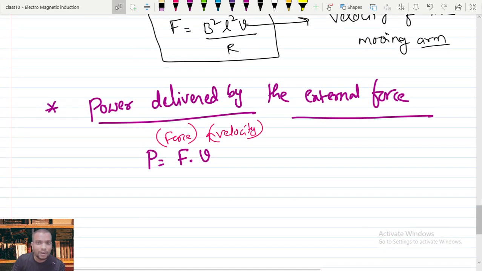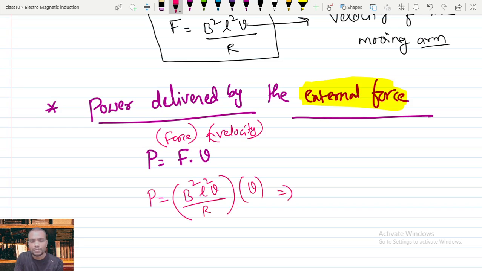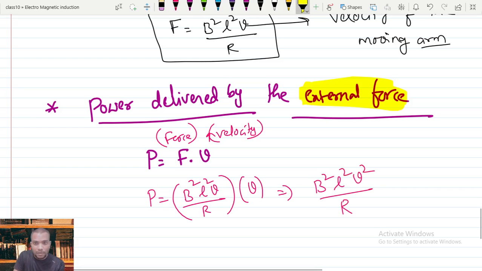Here, the power delivered by the external force is not coming from the induced current or anything else. It is the power at which you are pulling. So power P equal to the product of force times velocity V. We got the force F equal to B square L square V upon R, multiplied with the velocity here. So this expression becomes B square L square V square upon R. This is the power which should be delivered to the movable arm.